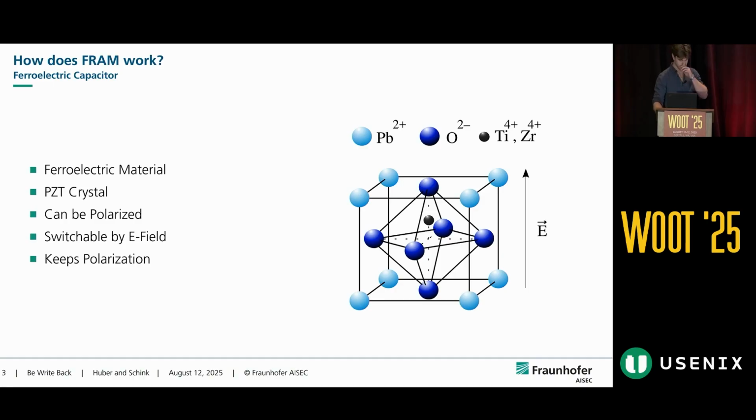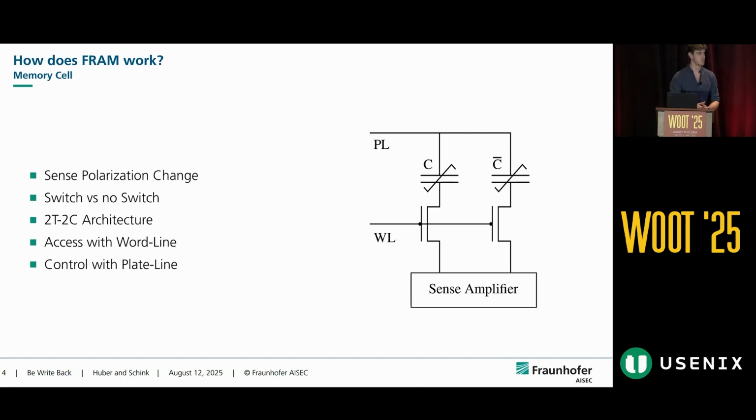Now we need a way to read out the polarization state of the crystal. Here you can see a basic memory cell. The idea is that you can sense a difference of charge for a switching crystal compared to a non-switching crystal. And usually this is done with a 2T2C architecture, where you store 1 bit of information in 2 complementary capacitors.